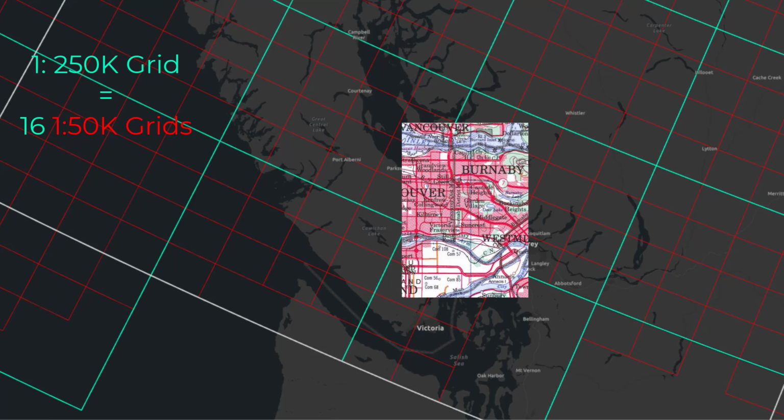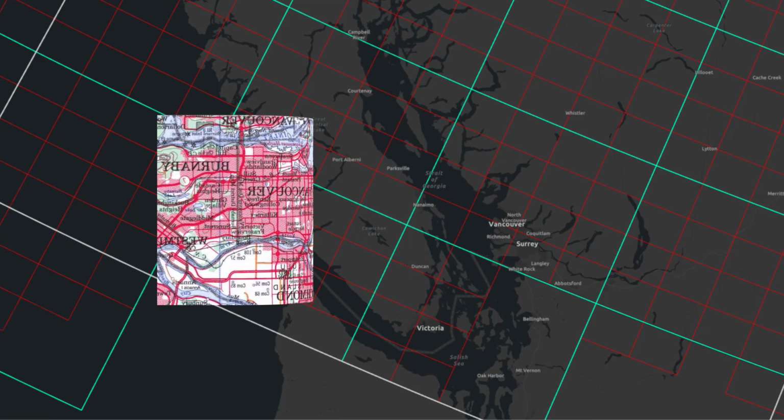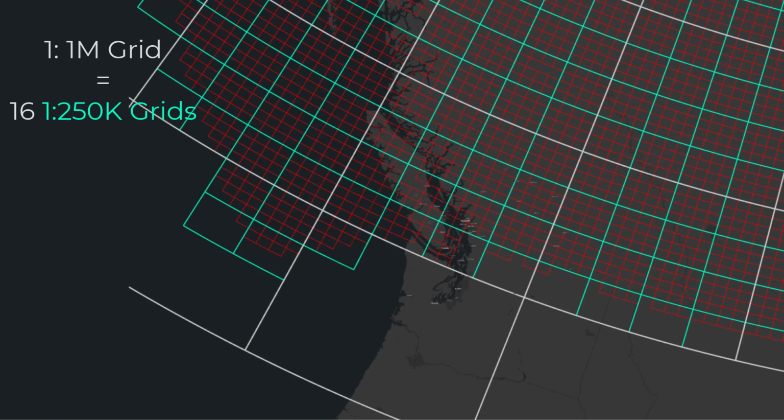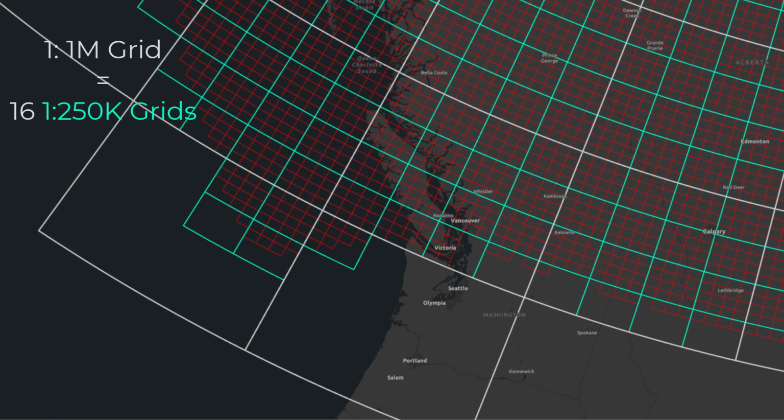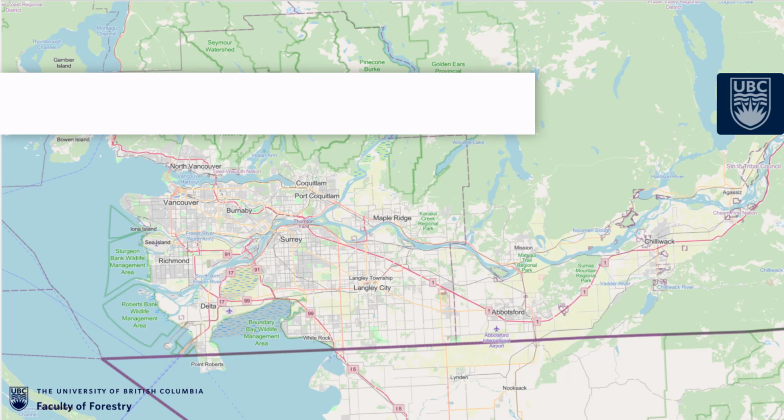This scale is popular not only as a detailed overview of a large area, but also as a detailed road map used when traversing back roads and side roads. 1 to 1 million maps cover the same area of land as 16 maps with 1 to 250K scale.